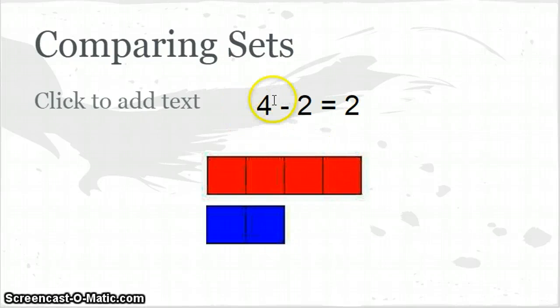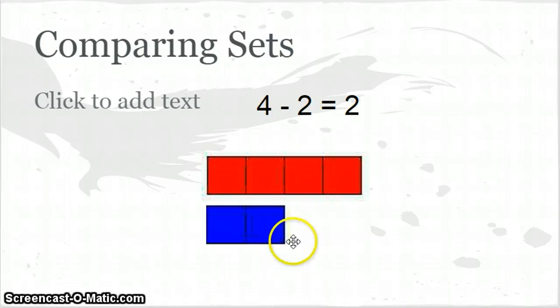So I've started my subtraction sentence with that, 4, because again, we always start subtraction with the big number. So I have 4 cubes in my red train, and I'm going to take away the 1, 2 cubes in my blue train, and that leaves me with 2 cubes. Those are the extra cubes, right?